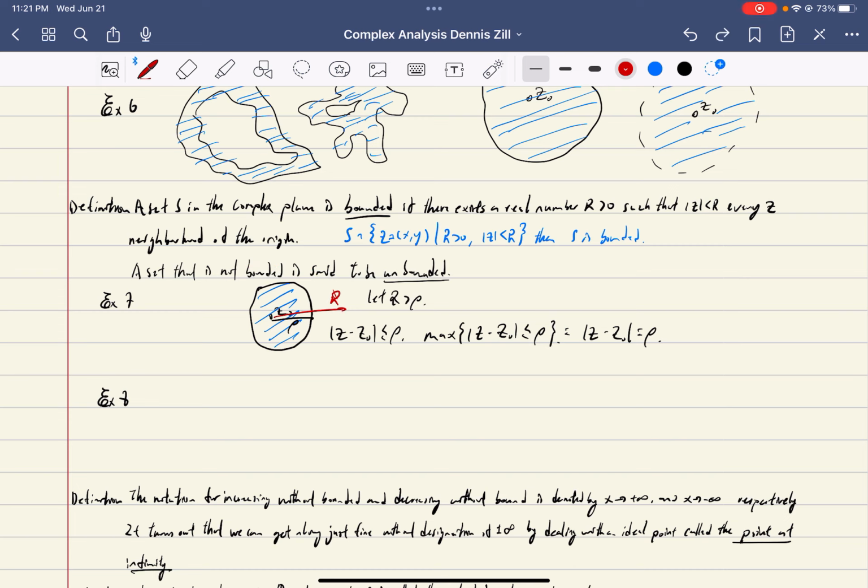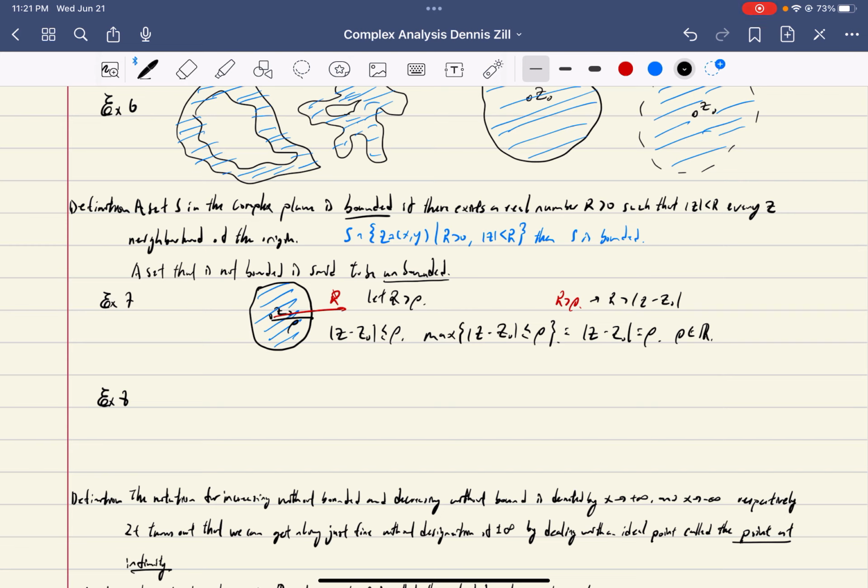And since r is greater than ρ, and ρ has to be a real number, we know that in real analysis, the real number system is unbounded. Sorry, we're not talking about completeness over here.